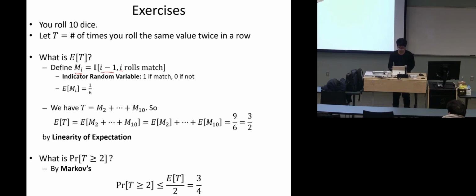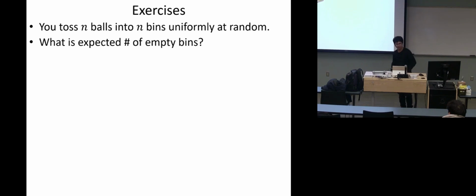Okay, so how about the next exercise? Like you've seen this thing, n balls and n bins, thrown uniformly. Now let me ask what's the expectation of the number of empty bins, right?